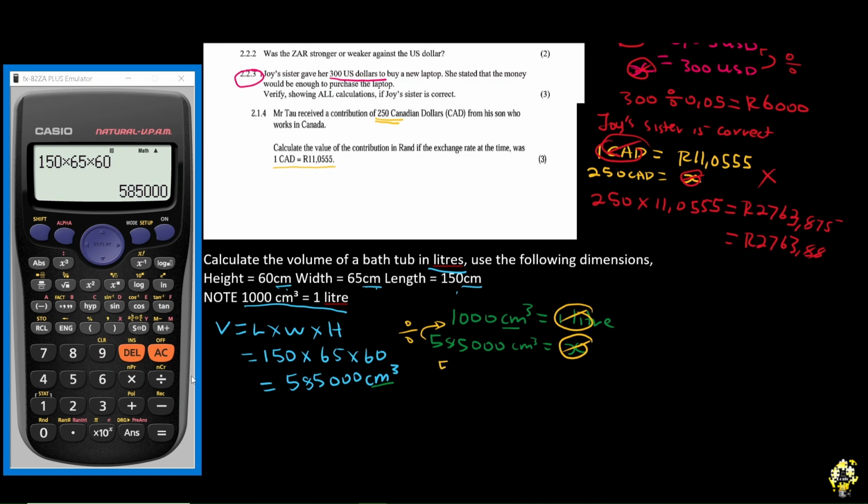So now let's say 585,000 divided by 1000. What are we getting there? We are actually getting 585 liters. So that's it for this video.